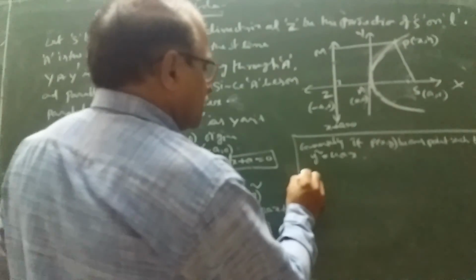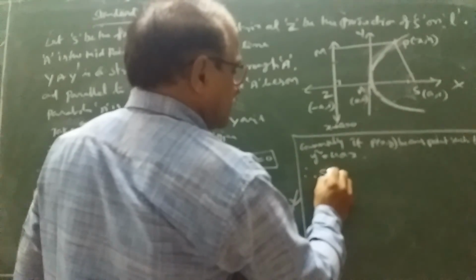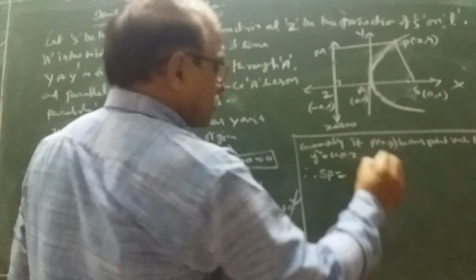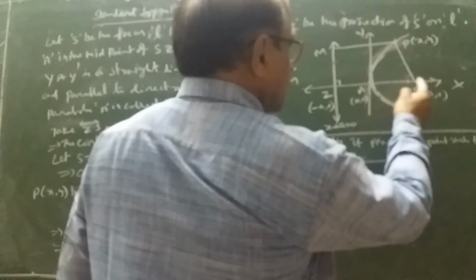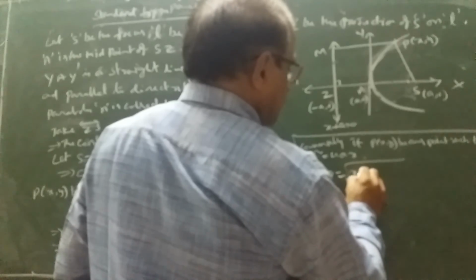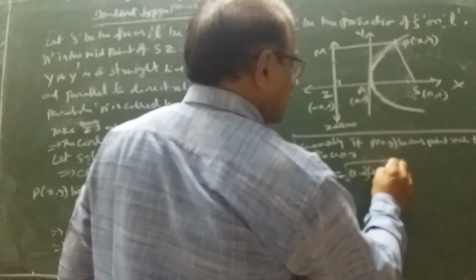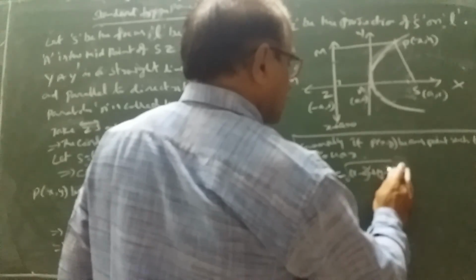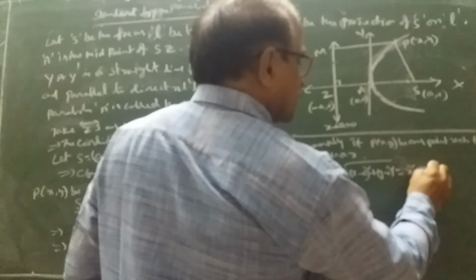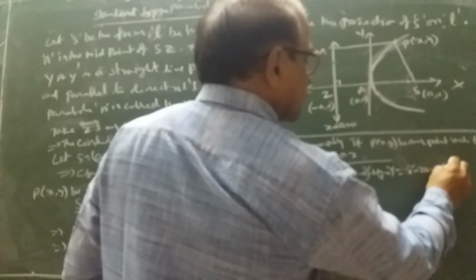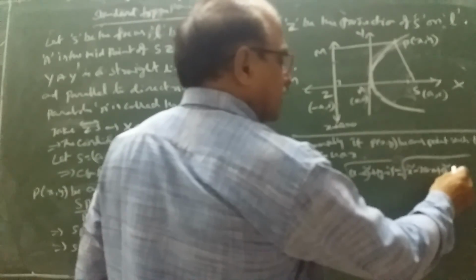Therefore SP is equal to, by the distance formula we can find, (x minus a) whole square plus (y minus 0) whole square, that is equal to x square minus 2ax plus a square, and under the root plus y square.